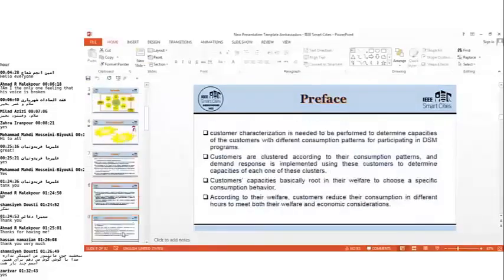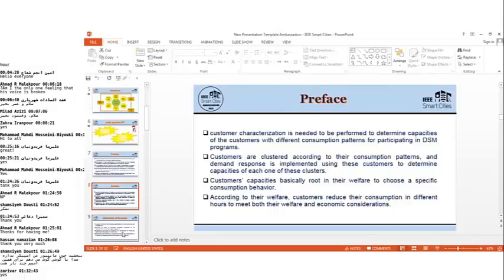Customer characterization is needed to determine capacities of the customers with different consumption patterns for participating in demand side management programs. We believe that customers with different consumption patterns do not necessarily have the same effect on implementation of demand side management programs.